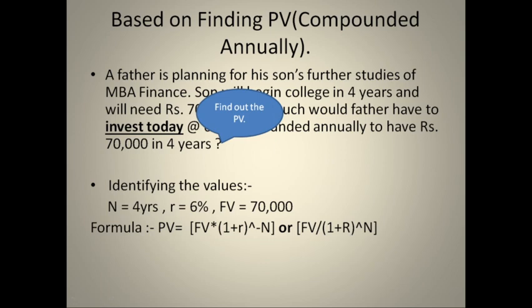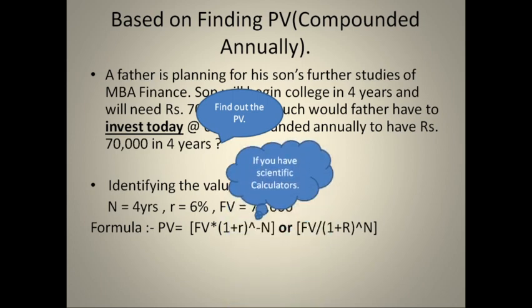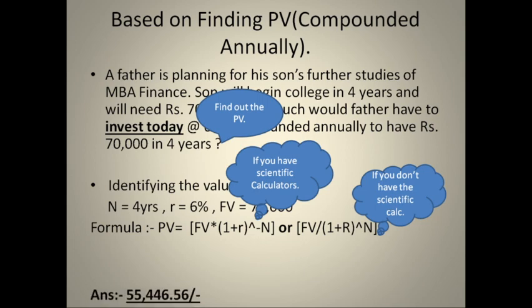It would be very recommendable, if you have scientific calculators, to apply the first formula, or else you can apply the second formula. So we will simply substitute the values of n, r and FV, and by that we get the final answer as 55,446 rupees and 56 paise.